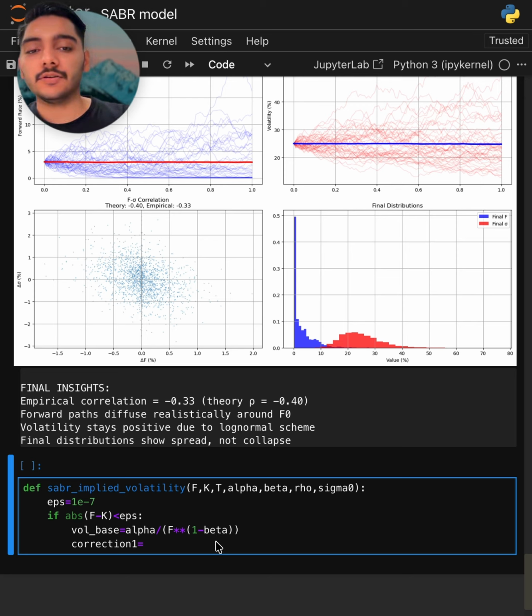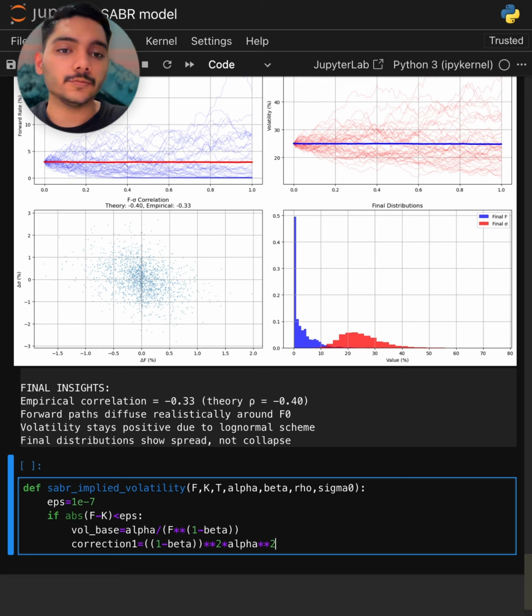The correction 1 will be (1 minus beta) to the power 2 into alpha to the power 2 upon 24 into f to the power 2 minus 2 into beta.